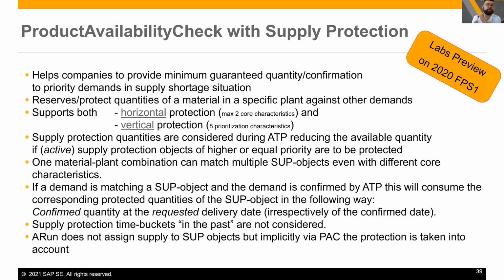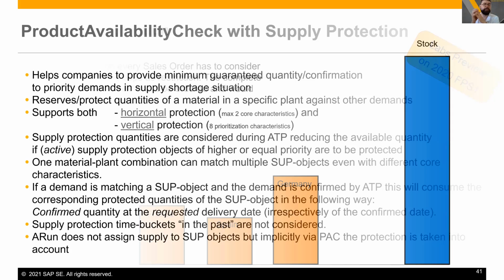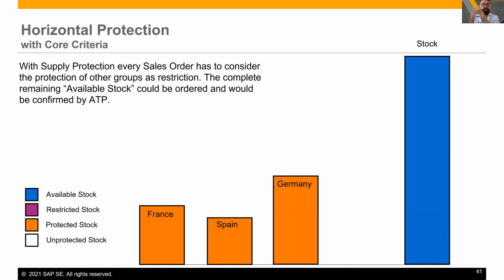Just to make a small example, if you have different markets and you have a certain supply, for the sake of simplicity, we just have stock. So here we have stock.